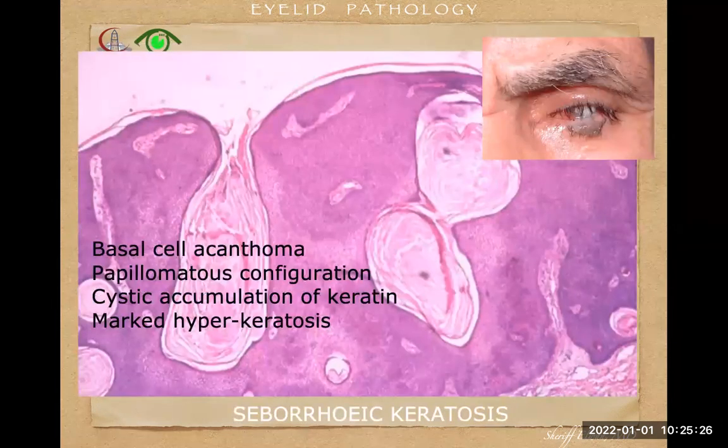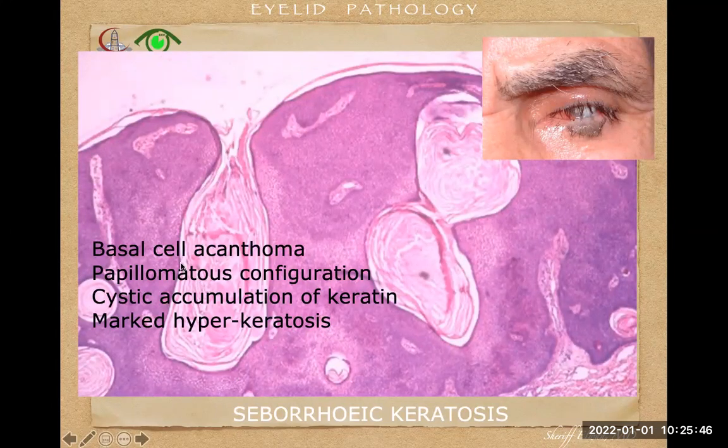And then we come to seborrheic keratosis, which is not a very common thing, but it is a type of keratosis with seborrheic character, with basal cell acanthoma, papillomatous configuration. As you can see, there are sort of dips in the skin filled with keratin, making a sort of keratin cysts with marked hyperkeratosis.